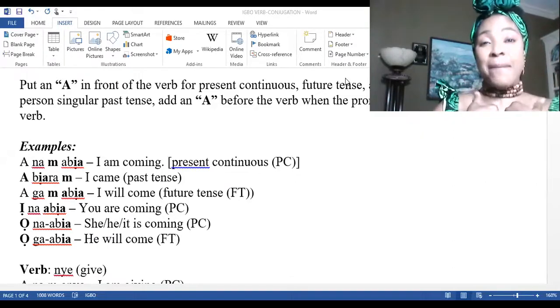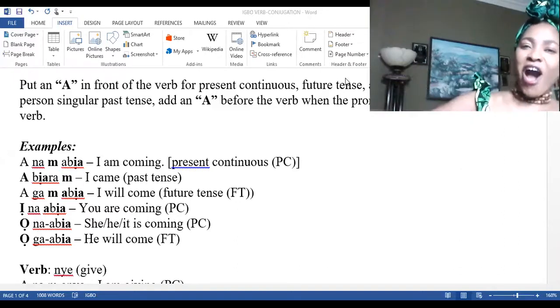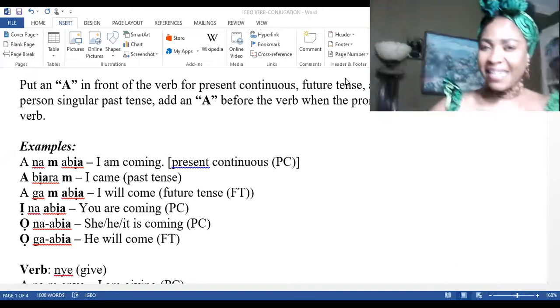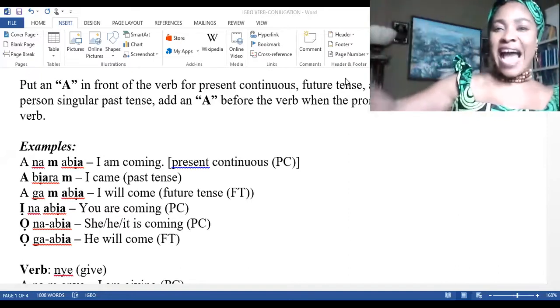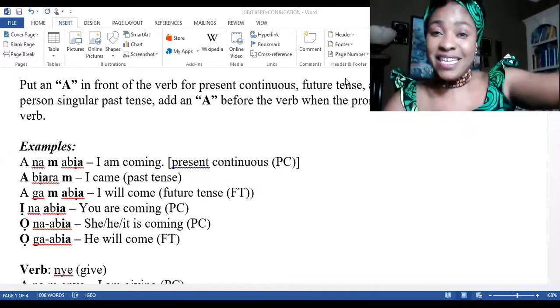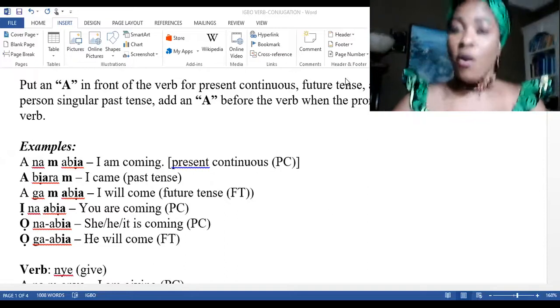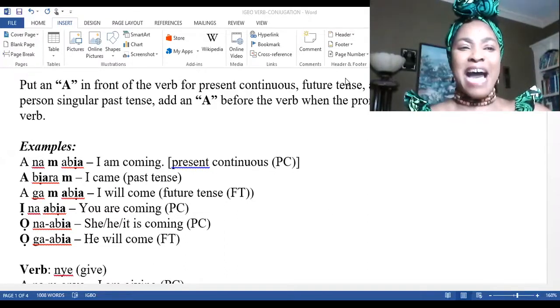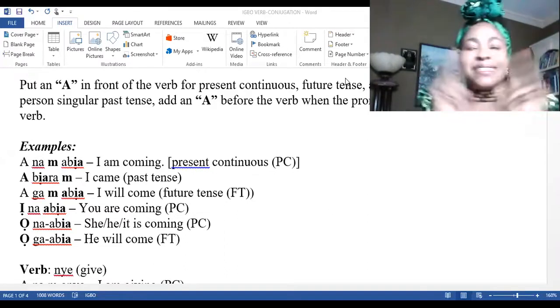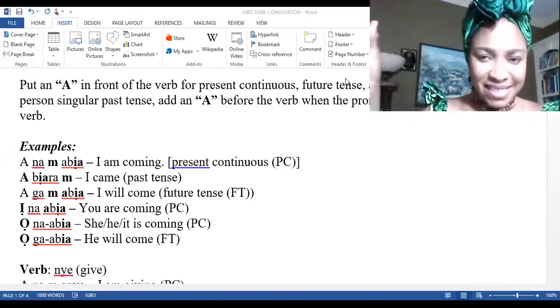Anam abia means I am coming. Now, when you say ọ na-abịa, that all means he, she, it is coming. Okay? When you say ha na-abịa, you're talking about now. This is plural, more than one person.